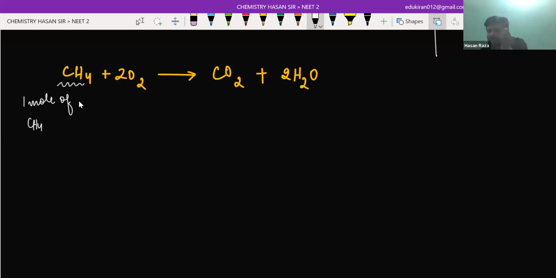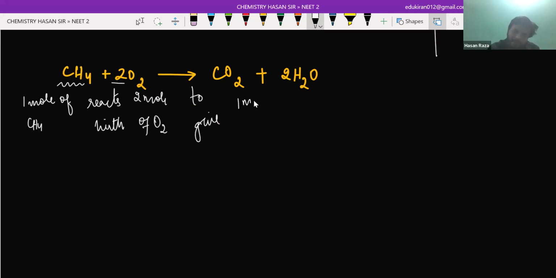CH4 is reacting with oxygen, dioxygen, so it reacts with 2 mole of O2, since the stoichiometric coefficient is 2. Now, this arrow shows what? This is giving the product. To give, again, 1 mole of CO2 and 2 mole of H2O. Are you getting my point, everyone?